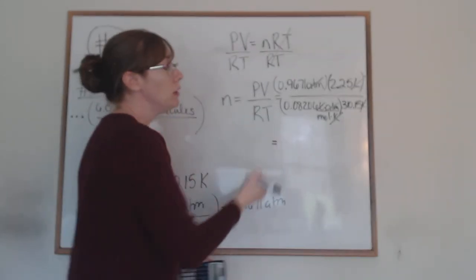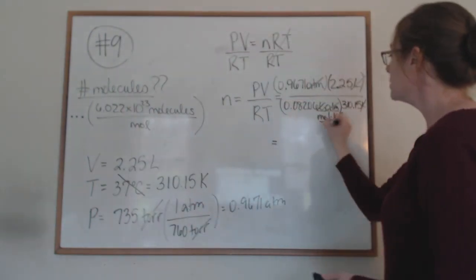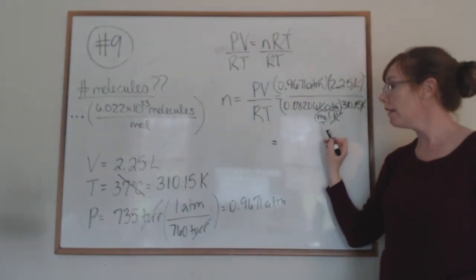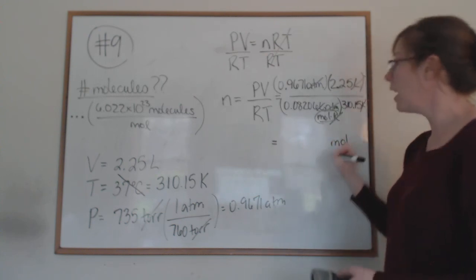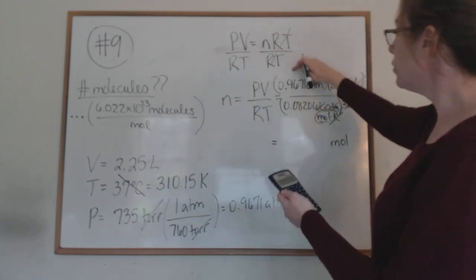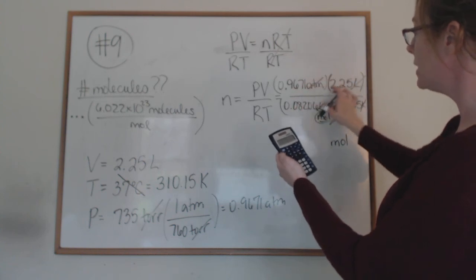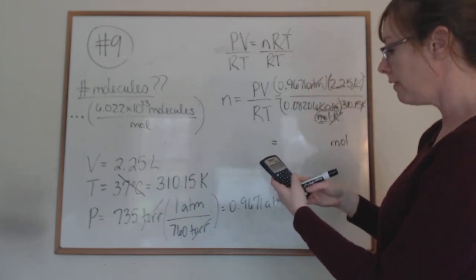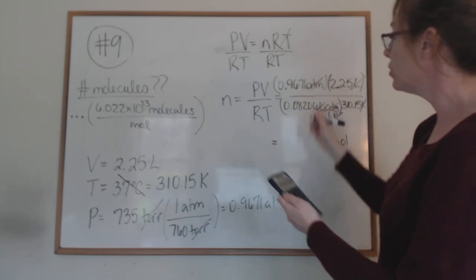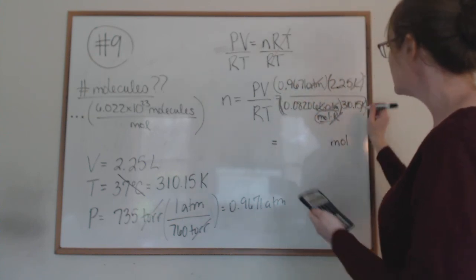All the units cancel except for moles, which is the one I want to survive. It's in the denominator of a denominator, so it's going to show up on top. Just make sure you enter this in your calculator correctly: do the top, 0.9671 times 2.25, and then when you divide, make sure you enclose the entire denominator in parentheses.